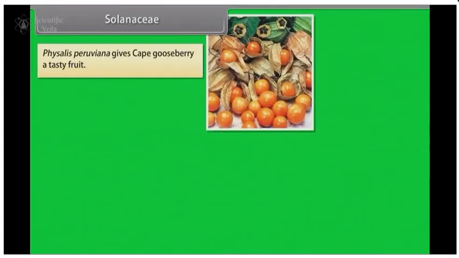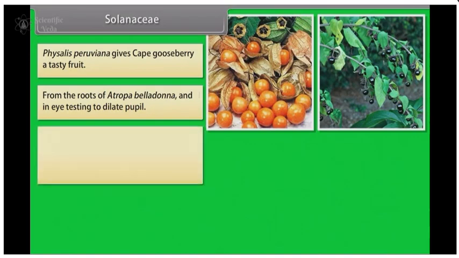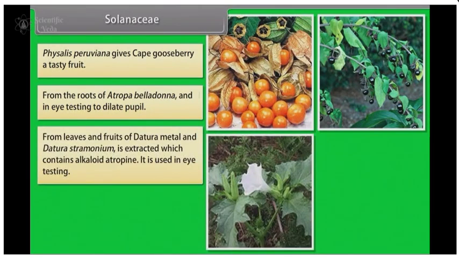Physalis peruviana gives Cape gooseberry, a tasty fruit. From the roots of Atropa belladonna, atropine is extracted, used in eye testing to dilate the pupil. From leaves and fruits of Datura metel and Datura stramonium, the alkaloid atropine is extracted.